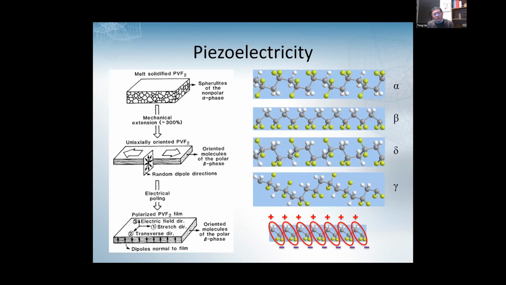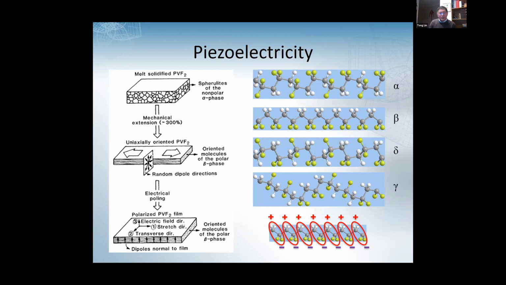Here I should mention that a piezoelectric polymer, as a raw material, doesn't contain any piezoelectricity. To get the piezoelectric property, the material needs to go through a few steps of treatment, starting with stretching and then poling treatment at a high voltage and also an elevated temperature.